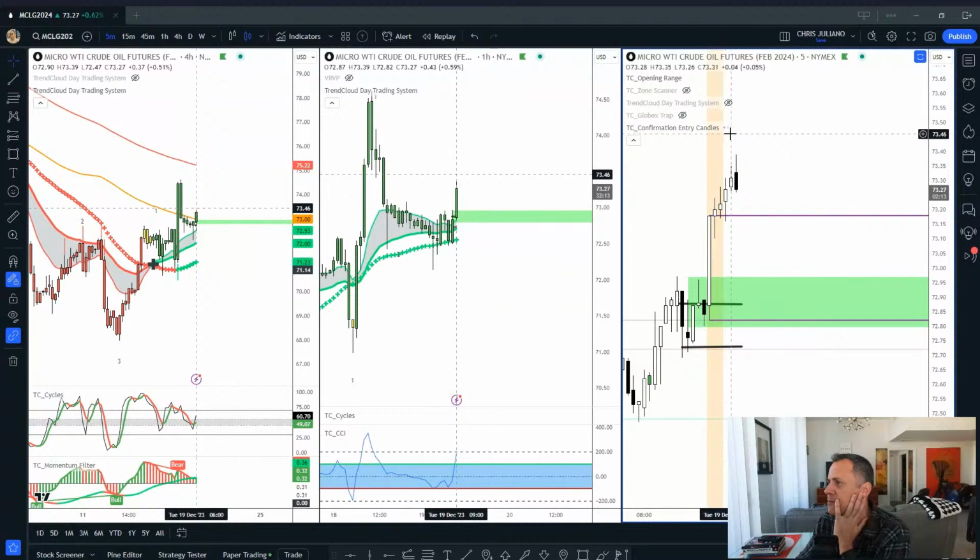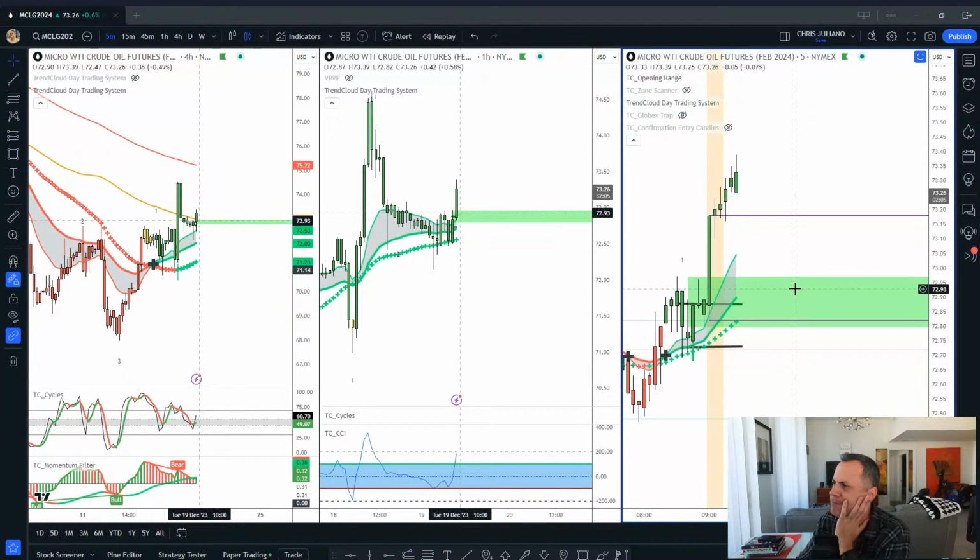Maybe we get a signal. We might get a signal. See, even the signal will take place down in here, because in order for the candle to have a signal, it has to pull back into the trend cloud.